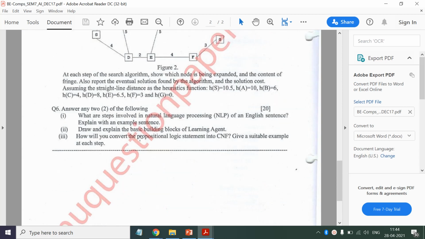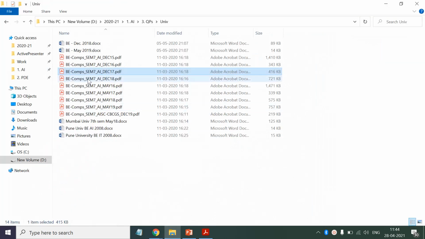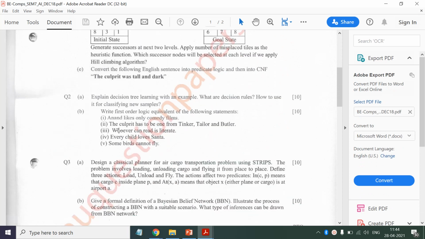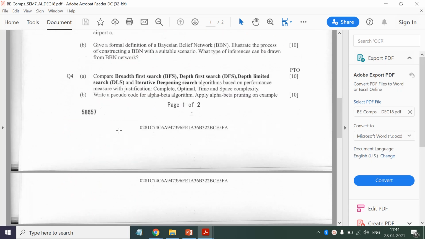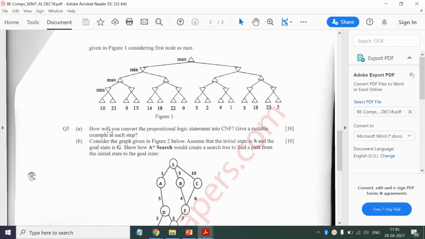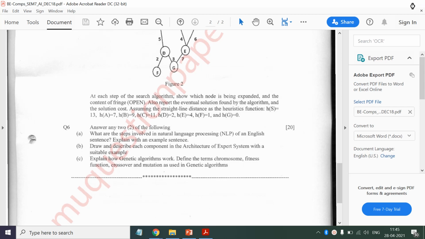So you can write those 4 steps, which are given in the PPT. Next. Again the same question: how will you convert the propositional logic statement into CNF?